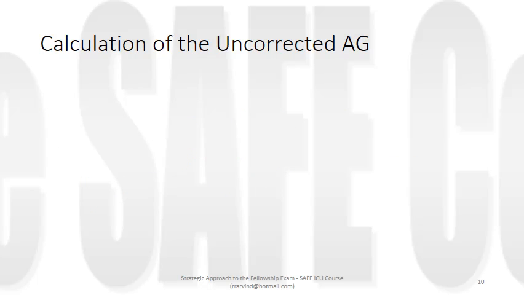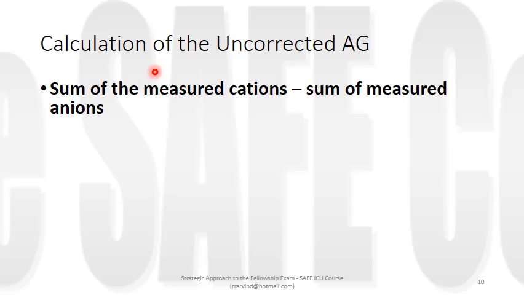So how do you calculate the anion gap? If you see here carefully, I've mentioned the word calculation of the uncorrected anion gap. You'll understand the significance of this after a few slides when I talk of correcting the anion gap for albumin. But for the moment, we'll just talk about how you calculate the crude anion gap, or the uncorrected anion gap. And that's very simple. It's the sum of the measured cations minus the sum of the measured anions.